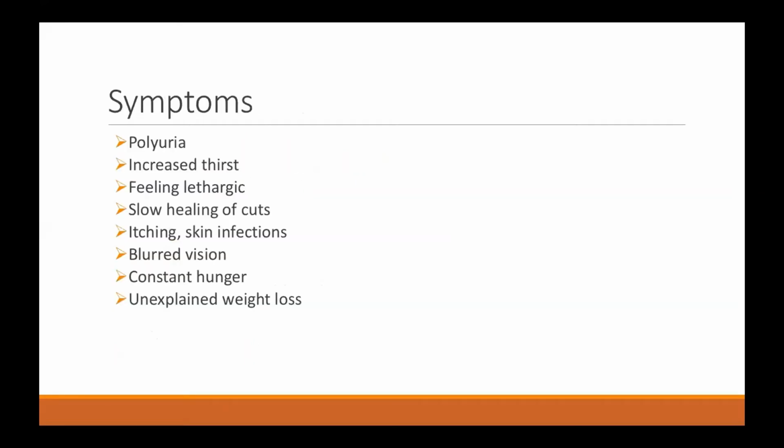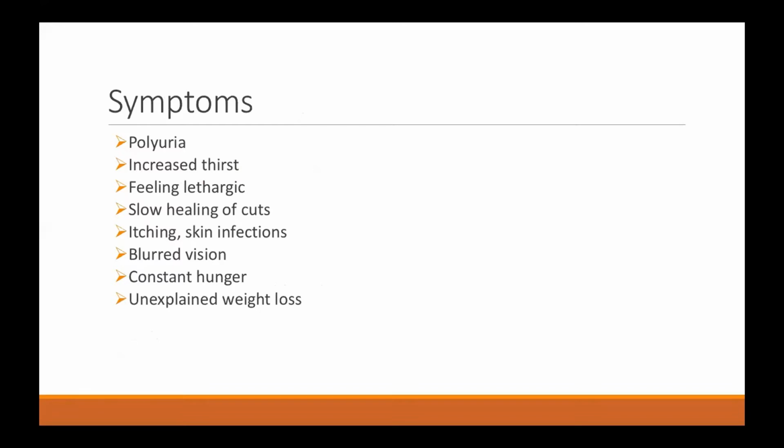In terms of symptoms, although these symptoms are often common to both type 1 and type 2, they're typically more acute in type 1. They can develop over days or weeks in type 1, but take longer, months to years, in type 2.